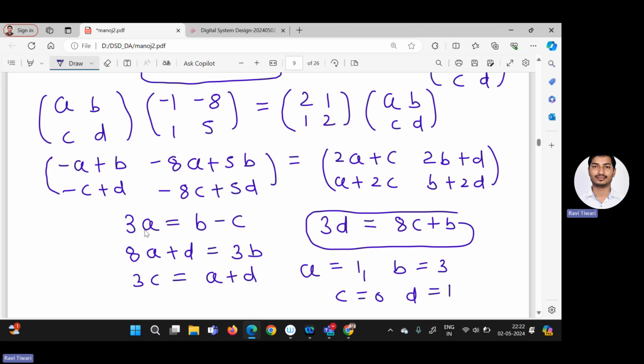Check 3 into A: 3 into 1 equals B, and B is 3, with C being 0, so it is satisfied. Similarly, check the second: 3D equals 8C plus B. D is 1, so 3 into 1 is 3, C is 0, and B is 3, so we get 3. So the P matrix is 1, 3, 0, 1. Like that, we can find the P matrix by simple calculation.